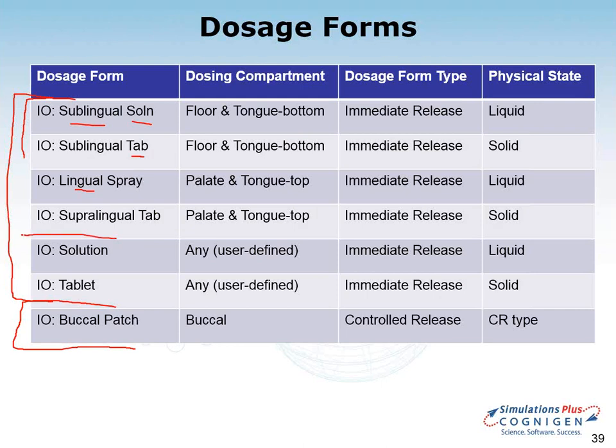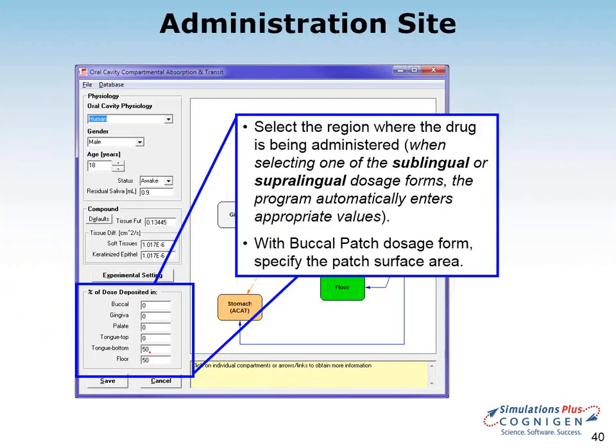But we did keep also a generic form of solution or a tablet where you can define exactly into which region of the oral cavity you are applying it, and you can have any combination of the application sites. So for the application site, you would define what portion of the dose was administered in each of these different regions of the oral cavity.